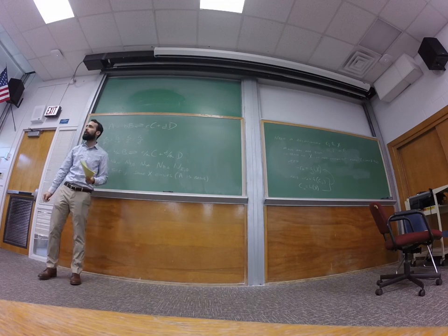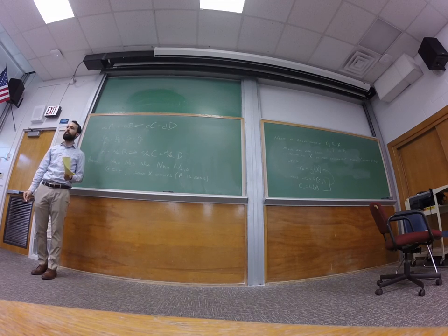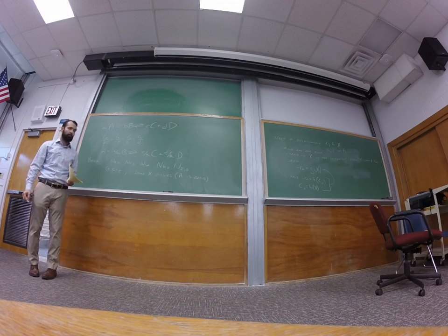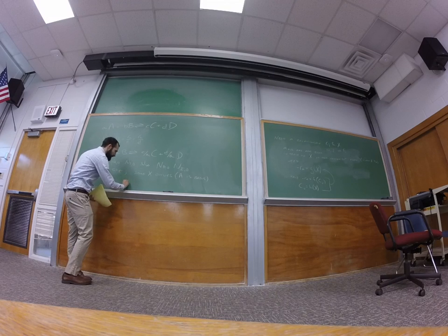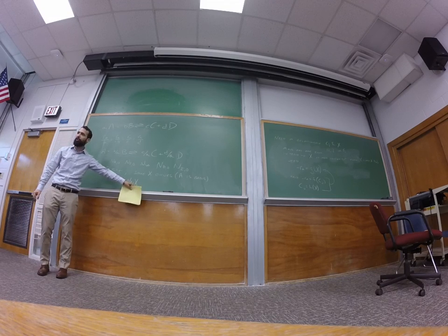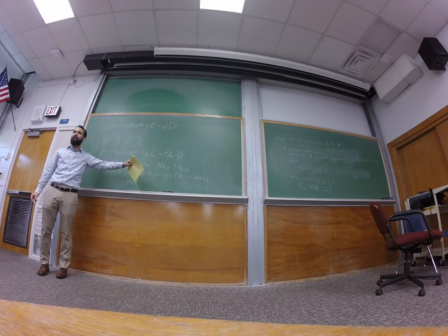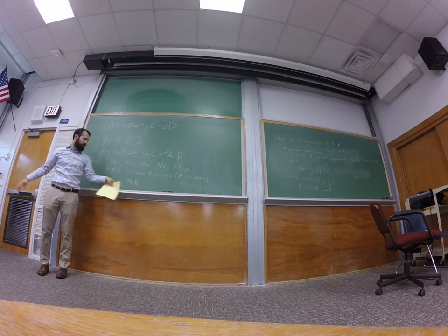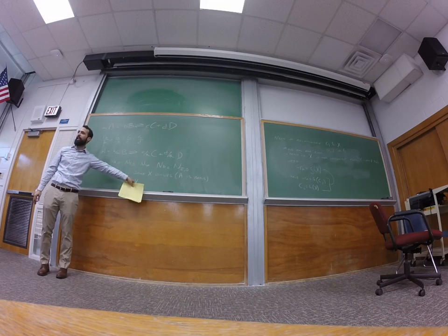So how many moles of A are consumed mathematically? N_A0 times X. Right? That's how many are consumed. That's the definition of conversion, it's moles consumed divided by moles fed. Well, here's moles fed times conversion means moles consumed.